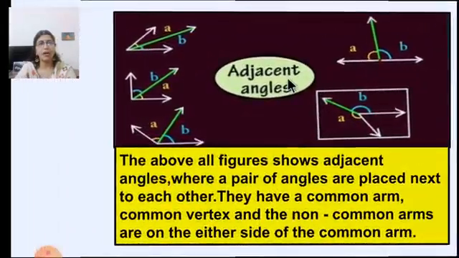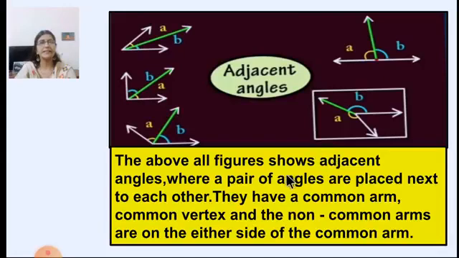Now all the above figures show adjacent angles, where a pair of angles are placed next to each other and they have a common arm. This green ray is the common arm to both the angles A and B. In all the examples, they have a common arm and a common vertex, that means the corner.